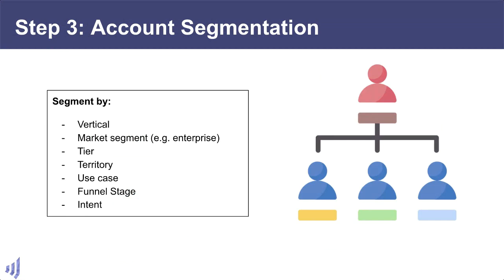So segmentation here becomes particularly important, because like I said earlier, every segment equals one campaign and a set of assets and a specific flow and a specific goal and a specific budget. And so that can be done by vertical, can be done by market segment. So you have maybe mid-market, enterprise.